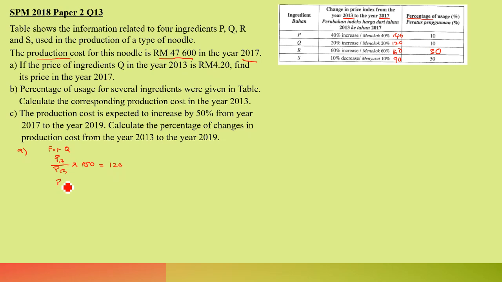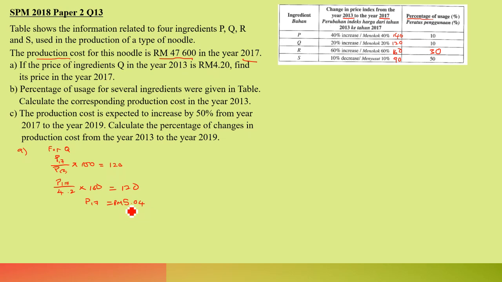So $4.20 times 100 is 120. So you can find the price for 2017 for the item Q, use your calculator, you will have 5.04. This is your ringgit. Okay, that's your part A.